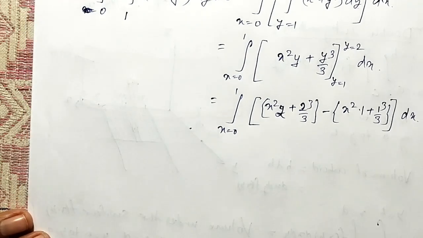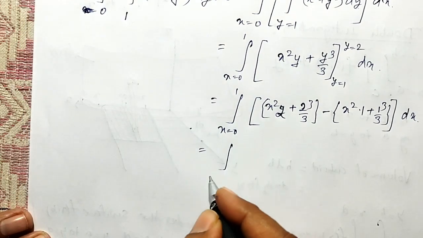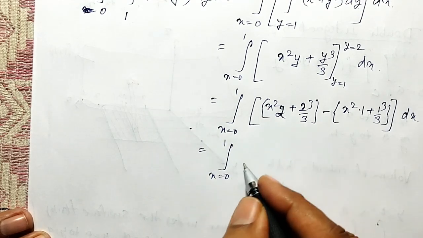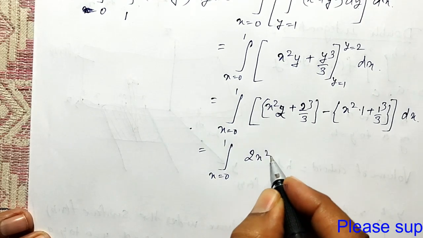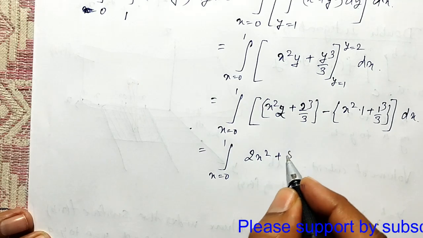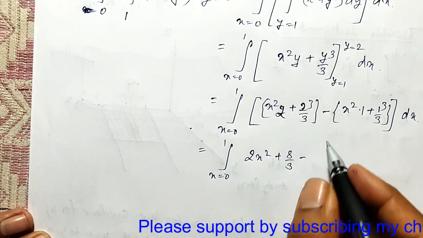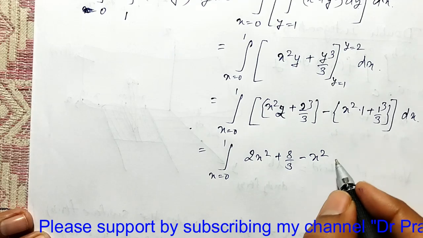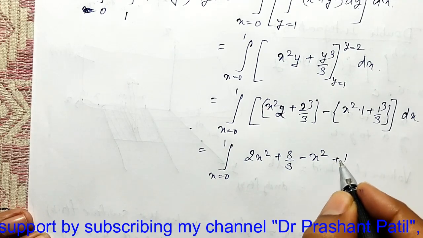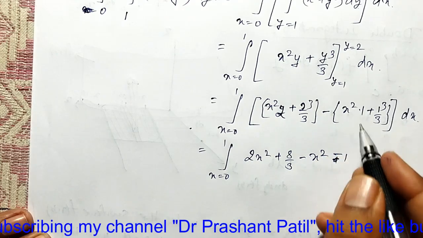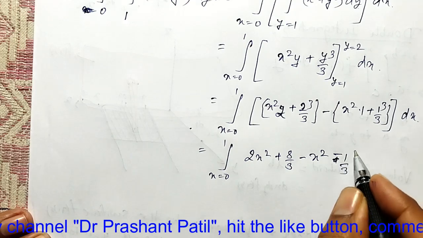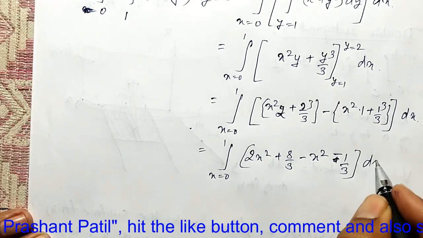Simplify this first and then we can integrate. Integration from x equal to 0 to 1, this is 2x square plus 8 divided by 3 minus x square plus 1 by 3, into dx.